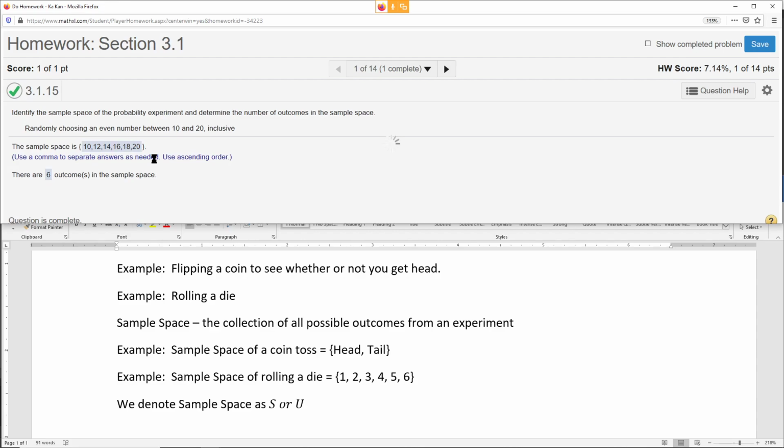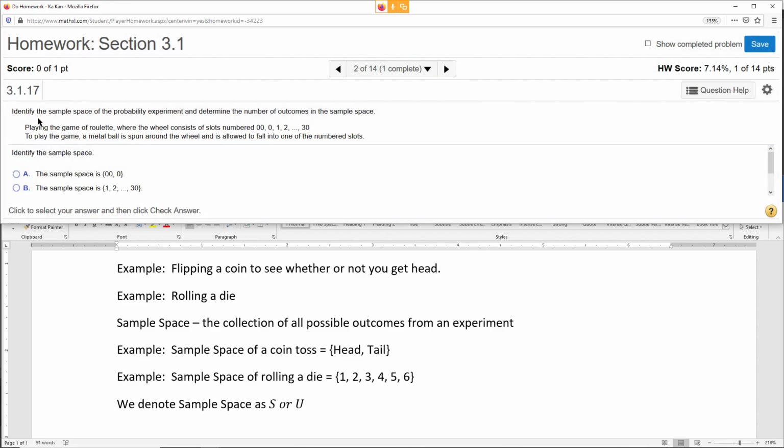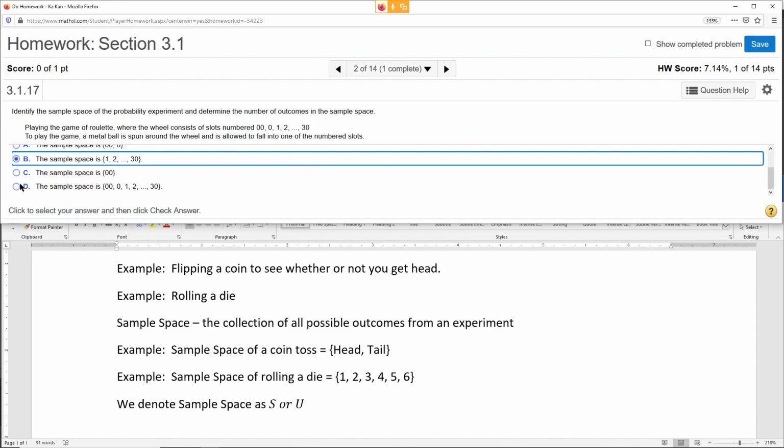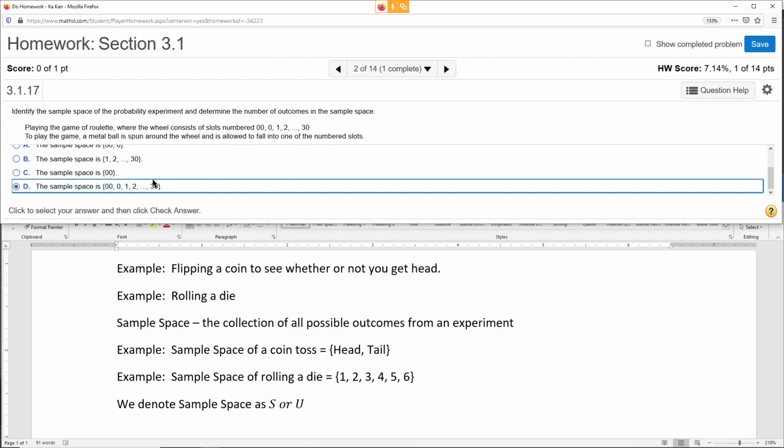Pretty easy, right? Let's try another one. Identify the sample space for this experiment, which is a game of roulette, where the wheel consists of slots with numbers. Now, I've never played, I never go to a casino, I'm just letting you know. So I'm just going to say the sample space would be 0, 00.